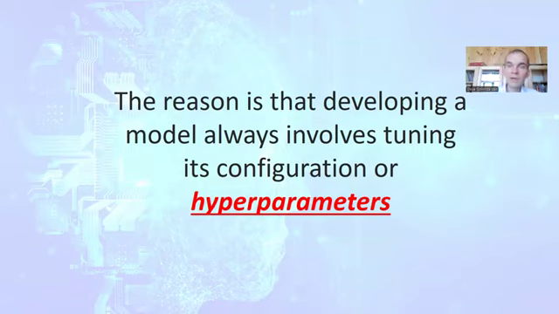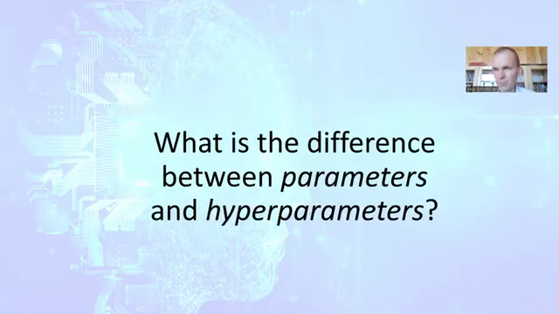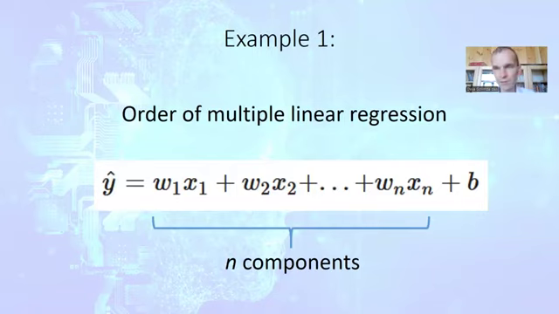Well, the reason is that developing a model involves also tuning its configuration, not just the values of parameters, but the principal configuration of the model, so-called hyperparameters. What is the difference between parameters and hyperparameters? I will give a few examples. The first one: we have a simple multiple regression model.